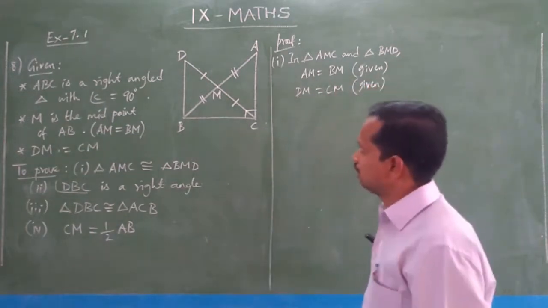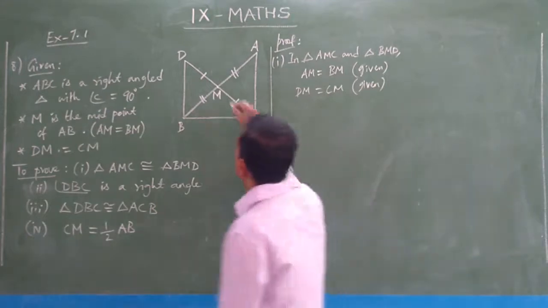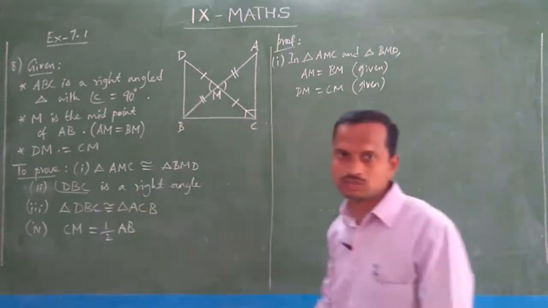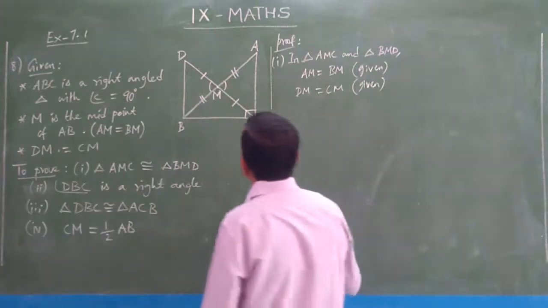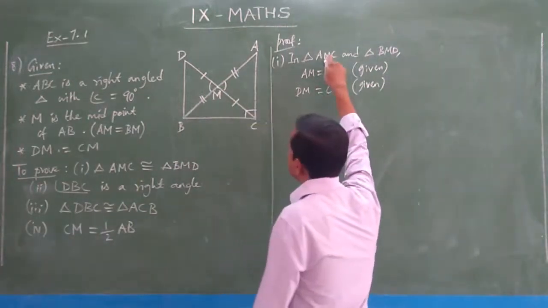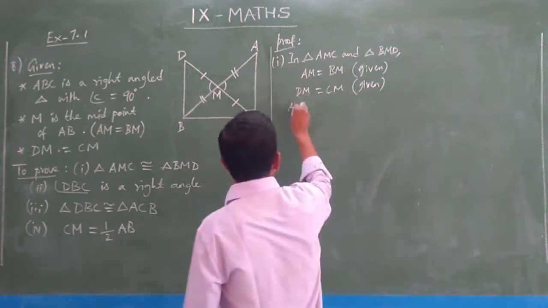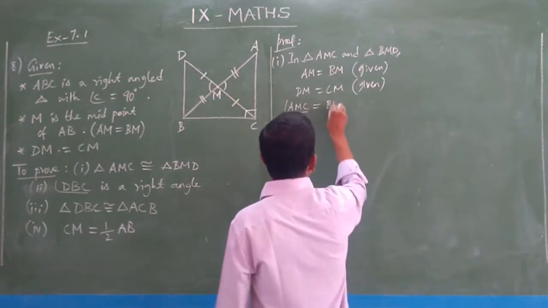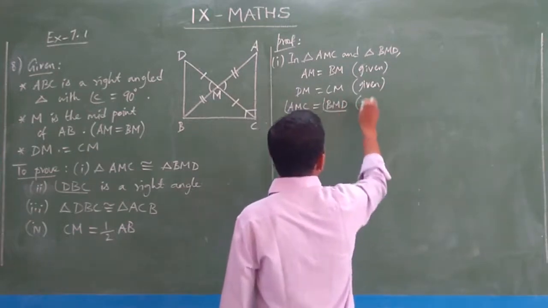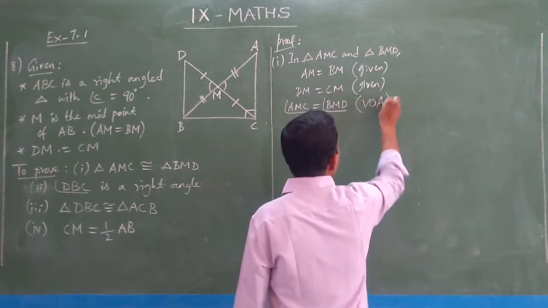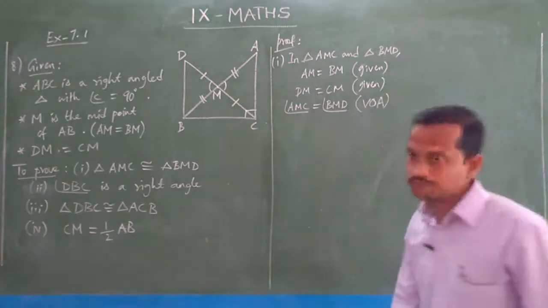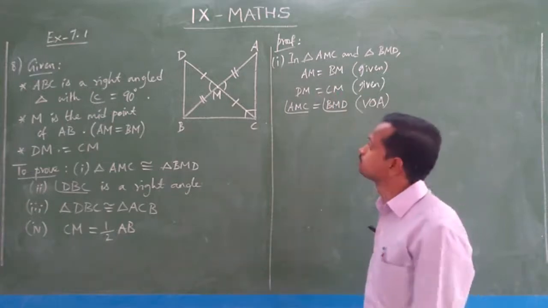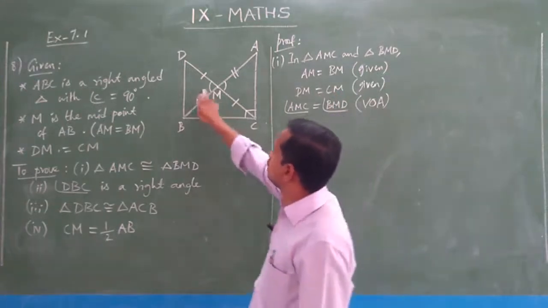And one more thing, these two angles are vertically opposite angles. When two lines intersect, vertically opposite angles are equal. So angle AMC equals angle BMD, the reason being vertically opposite angles, VOA. Two pairs of sides and one pair of angles, and this angle is the included angle.